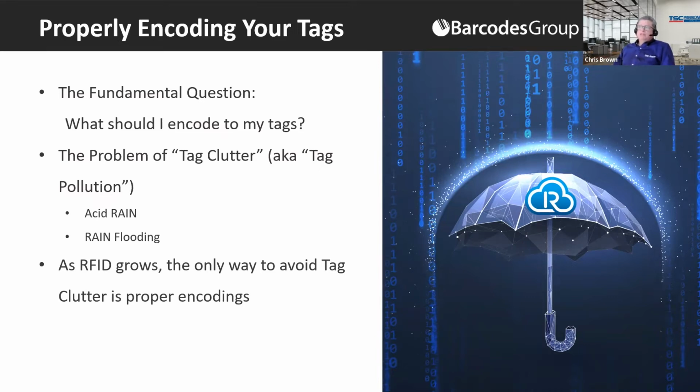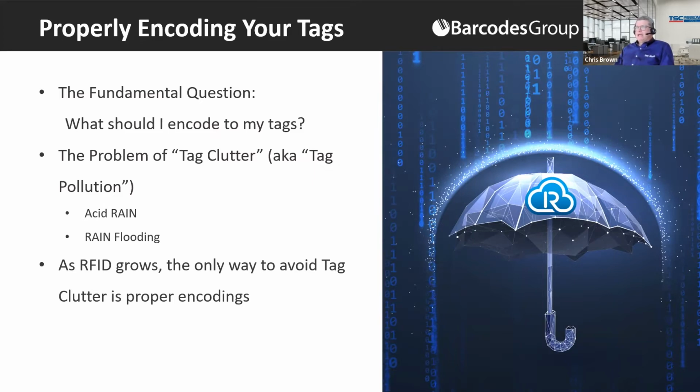Many people get these RFID tags and labels, and they cook up their own serial number scheme, their own numbering system that they're going to encode to the tags, and they think that that's a good idea, but beware, it is not a good idea. If you simply start encoding your own numbering system data, very soon you will either cause or be the recipient of what we call tag clutter.